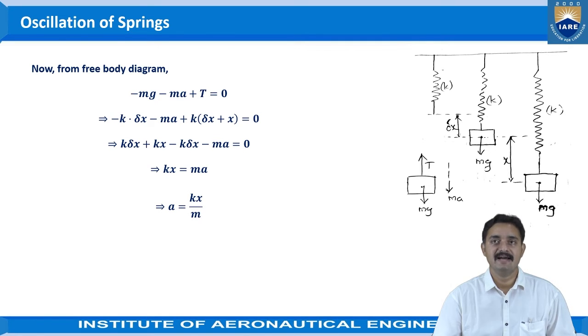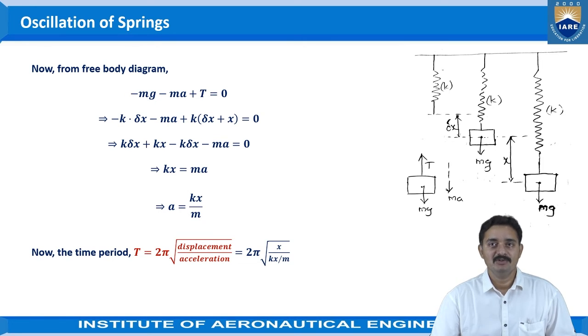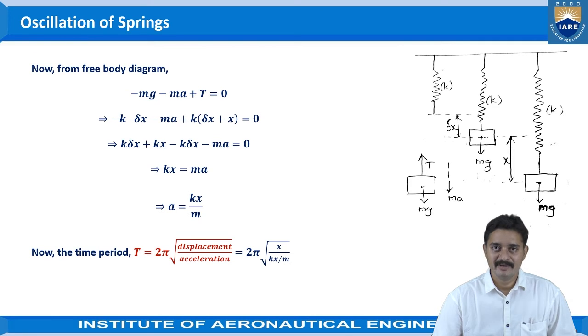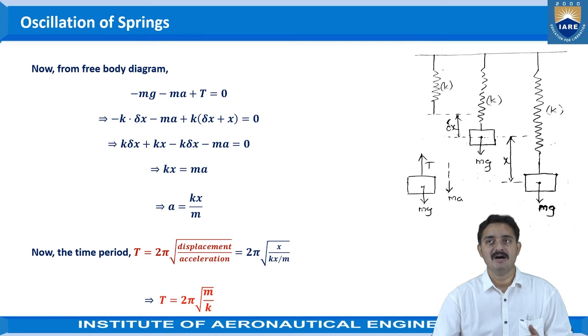From this, the acceleration A is equal to Kx by M. Now we know the time period T is equal to 2 pi under root displacement by acceleration. So we can write 2 pi under root displacement X and the acceleration we have obtained as Kx by M. If we further simplify, the time period of spring is T equal to 2 pi under root M by K, where M is the mass being attached and K is the stiffness of the spring.